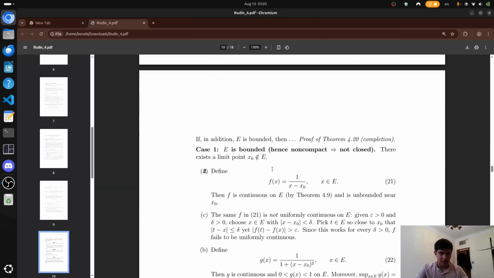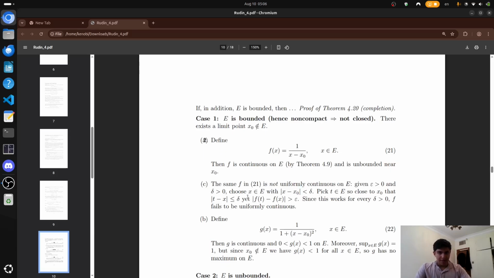Okay, now for C, the same f is not uniformly continuous on E. Given epsilon greater than 0 and delta greater than 0, choose x in E with the absolute value of x minus x naught less than delta. Taking t close enough to x naught, we can make the difference f of t minus f of x greater than epsilon, although t minus x is less than delta.